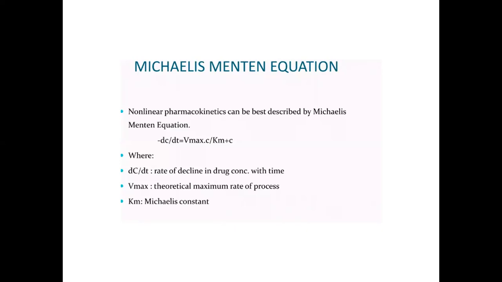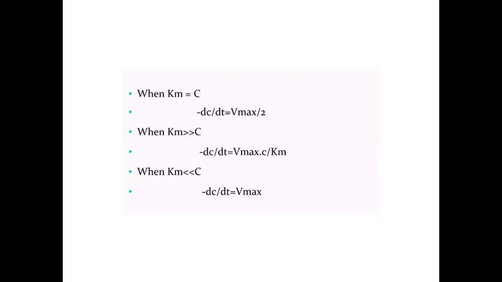C is the concentration, and dC/dt is the rate of decline in the drug concentration with time. Vmax is the maximum rate of the process, and Km is the Michaelis constant. This is the formula of the Michaelis-Menten equation, and from it we can derive other formulas.